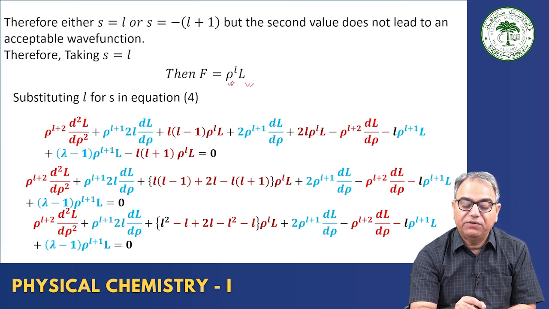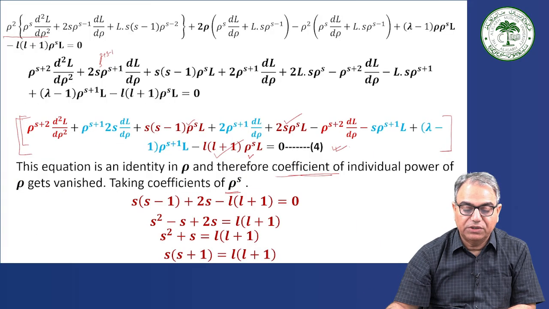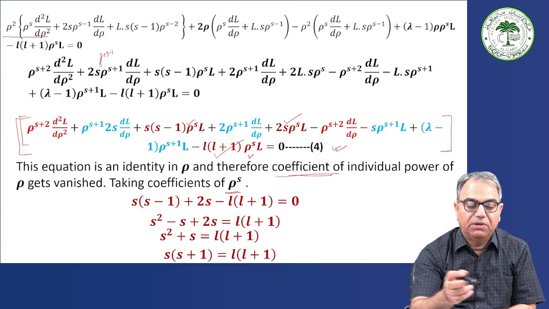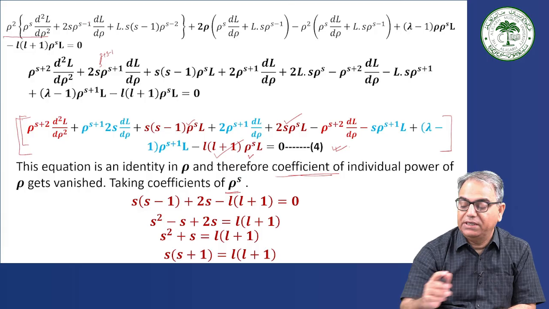Rho s plus 1 was there, so L plus 1, then 2L dL divided by d rho. Compare with the previous equation number 4, where you have 2s rho s minus 1. This s again is L, so 2L rho L minus 1.